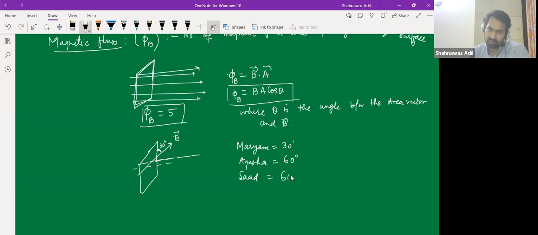Good. So, Mariam, did you understand why this would be 60? Because if this is the surface, then what is the direction of this surface?